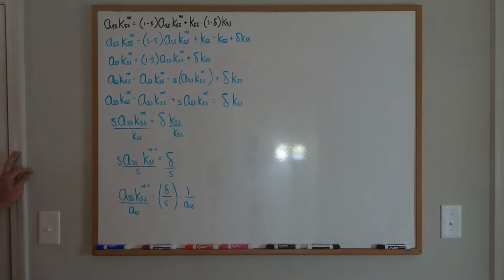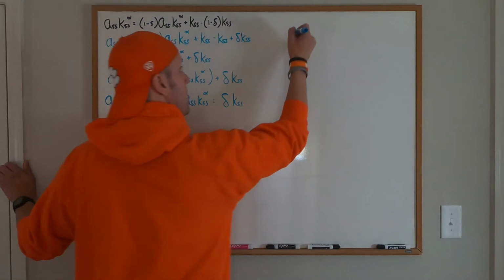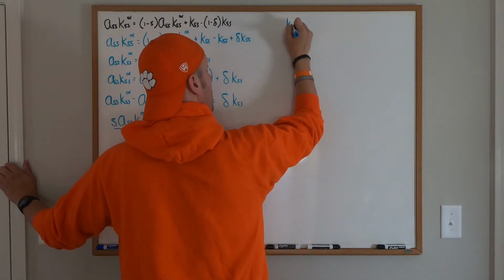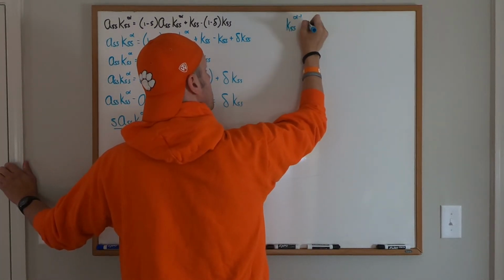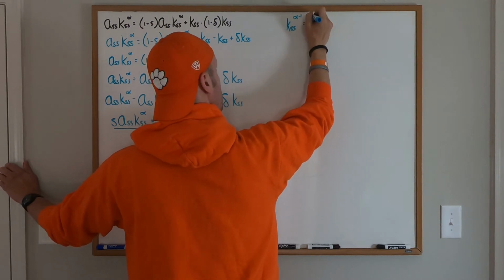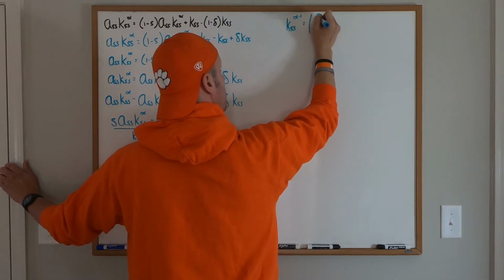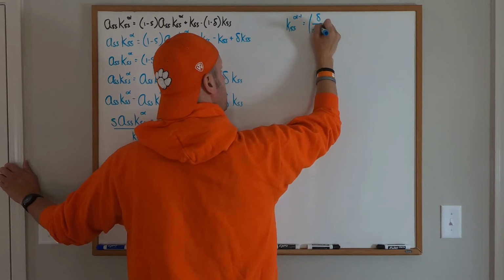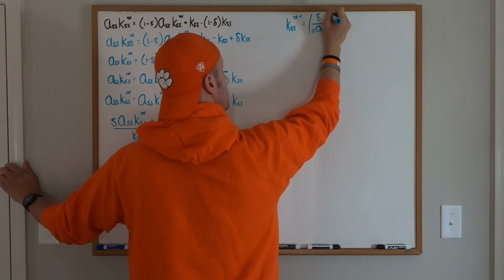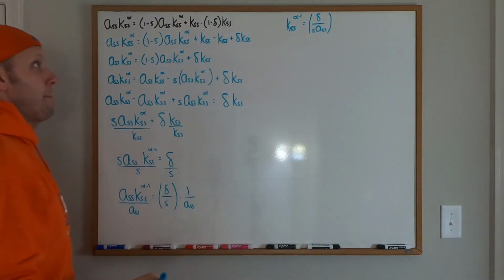So what I end up with is KSS to the alpha minus 1 equals delta over S times ASS.